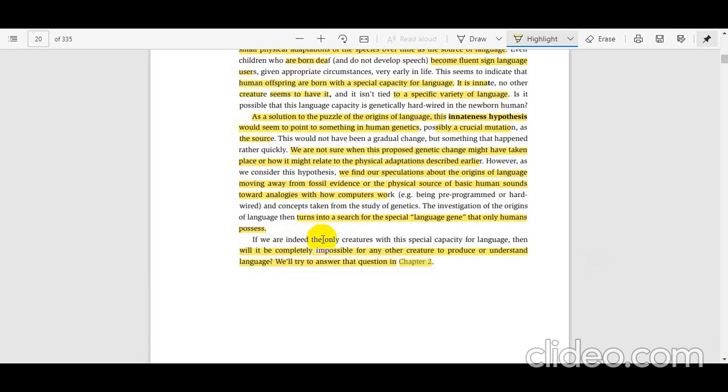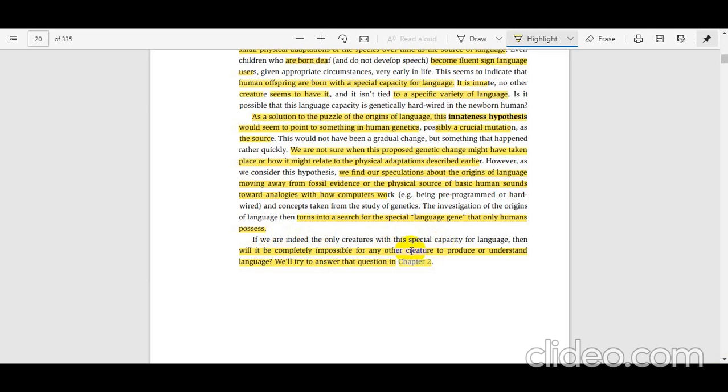Now, if we are indeed the only creatures with this special capacity for language, it is very important to speculate about what to expect for the next chapter, chapter 2. Will it be completely impossible for any other creatures?